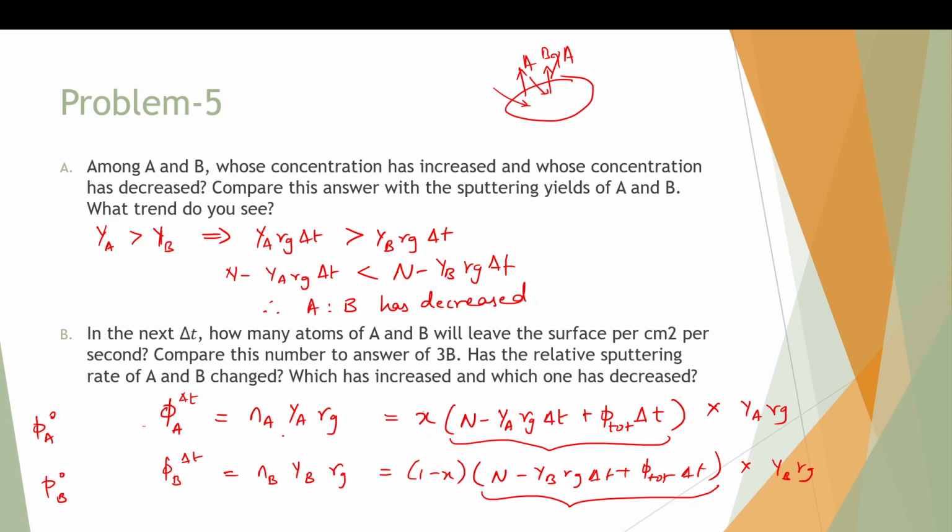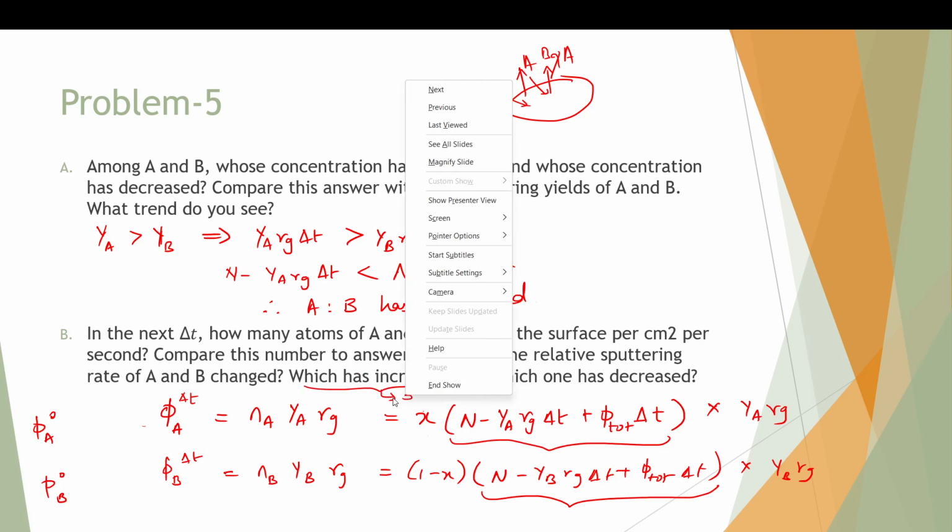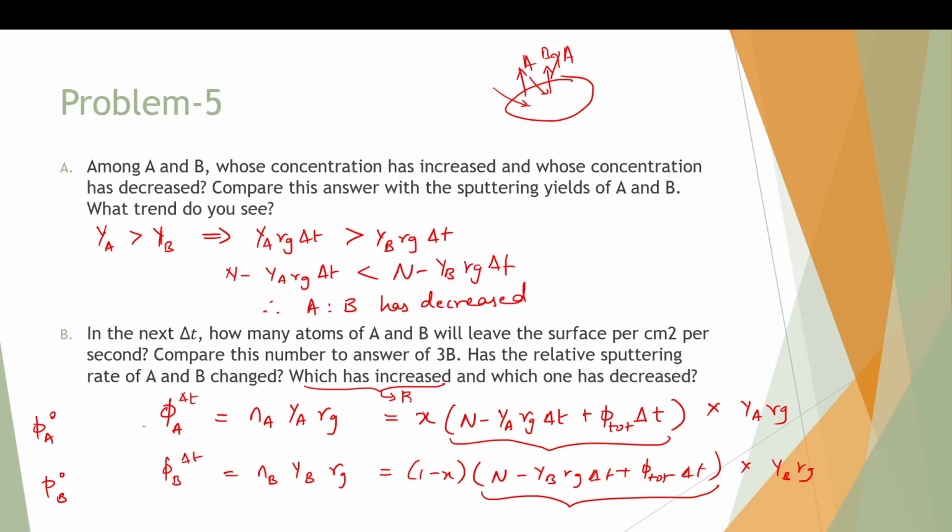So there will be more sputtering of the B atoms, and because of that NB has increased, because of which phi B delta T will increase. So sputtering of B atoms has increased, and the sputtering rate of A atoms has decreased.